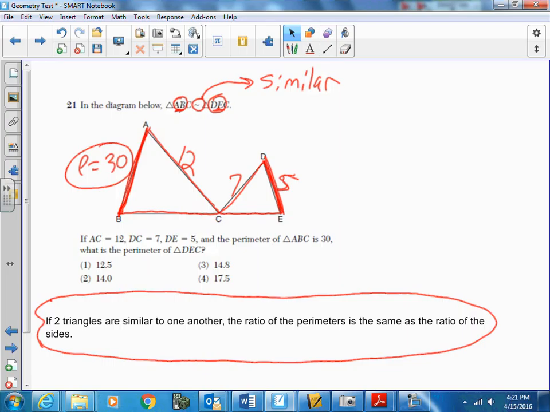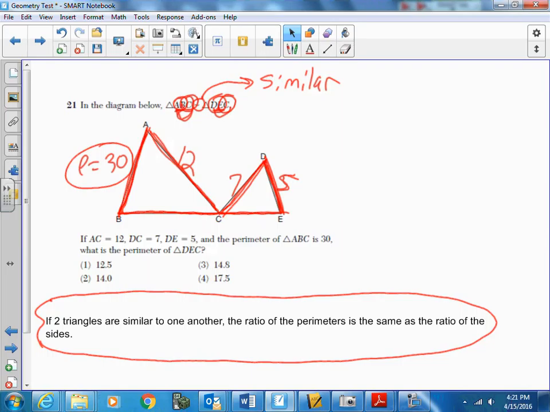All right, then we know that BC is corresponding to EC. So that means BC and EC, and that means that AC is corresponding to DC. All right, you have to use AC and DC because you have those two corresponding sides.